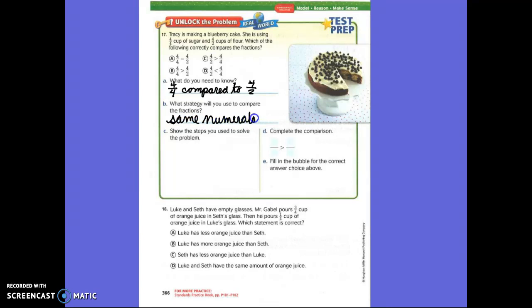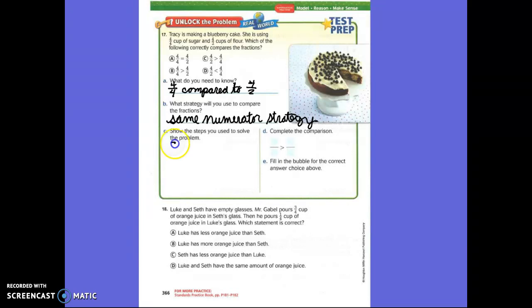When you say same numerator... you put that on your other ones, but this one is a little longer. Okay, boys and girls, the way we're going to figure this out is we're going to draw fraction circles for each of these.